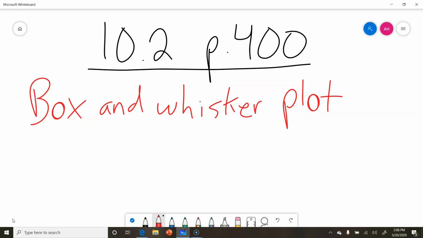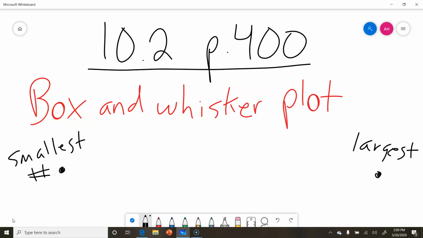Basically, what it's going to look like when you finish is there's going to be a dot down here, and there's going to be a dot way out here at the end. Okay, and this down here is the smallest number. Okay, and then if you're tracking, you can guess this over here is going to be the largest number, right? That makes sense.